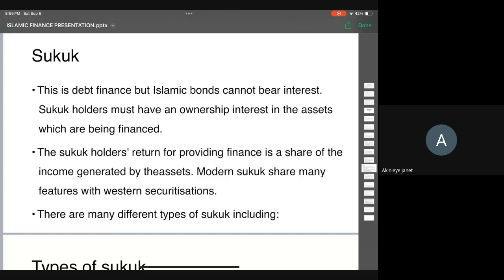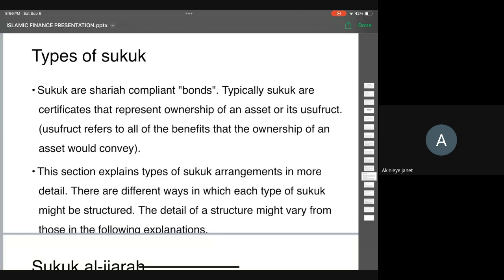That is where Sukuk holders get their own income. Modern Sukuk share many features with Western securitizations. There are many different types. There are so many, but we have been limited to 4 types of Sukuk, including number 1 type of Sukuk.